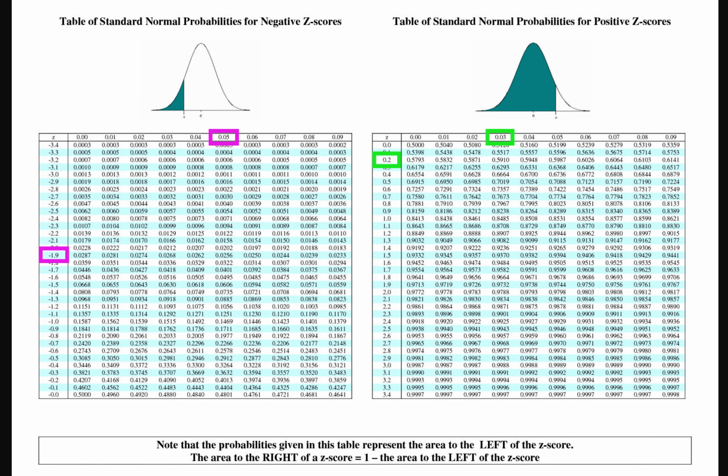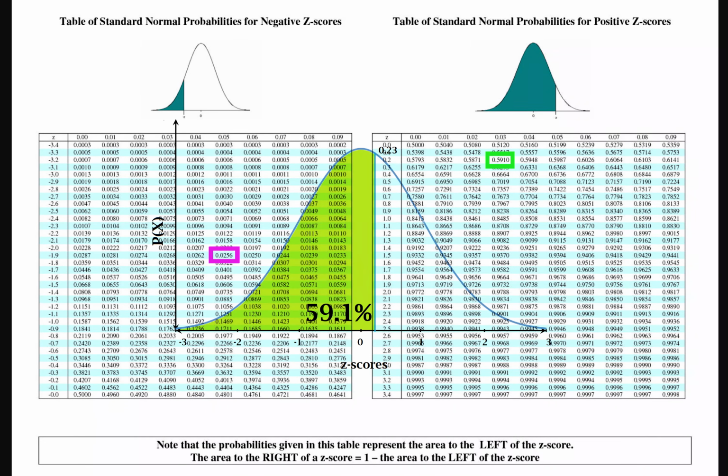What if we want to find the area between a z-score of minus 1.95 and 0.23? If I remove the area of 2.56, I am left with the area I am looking for.